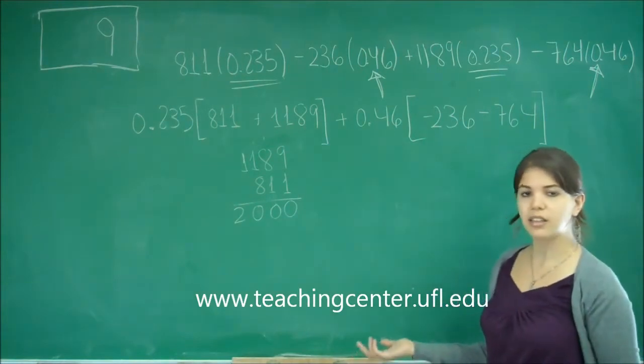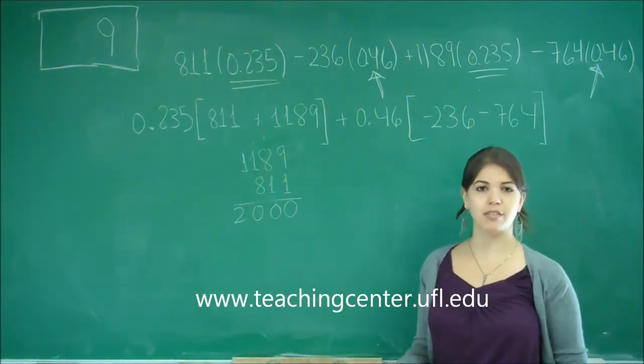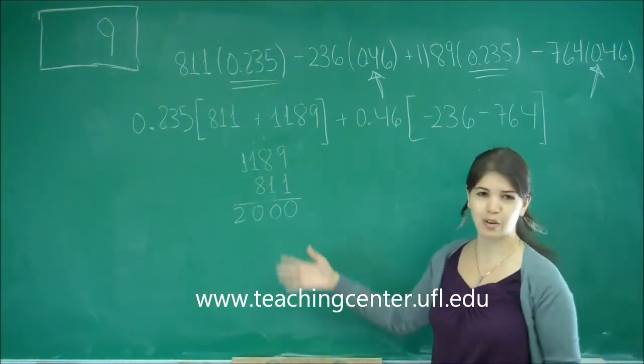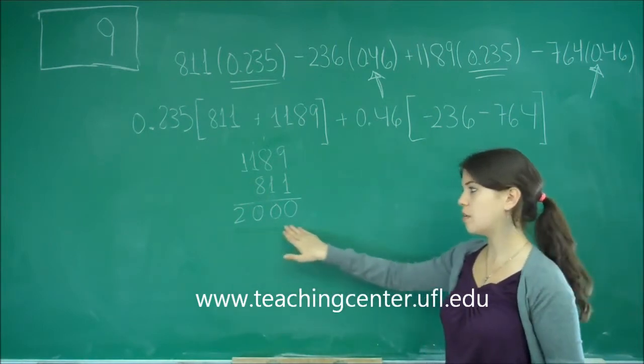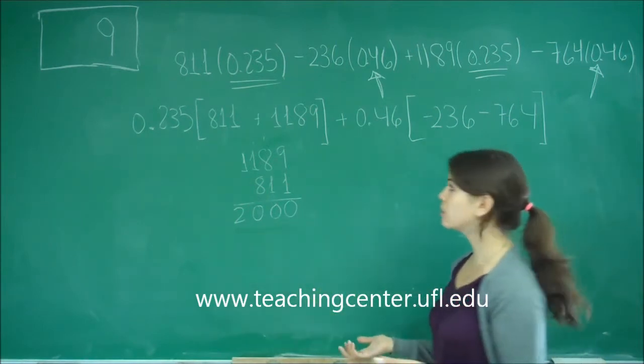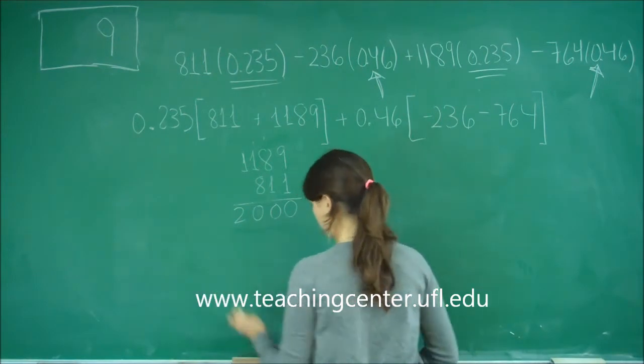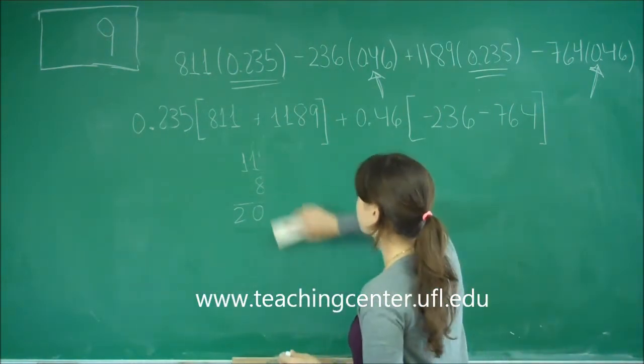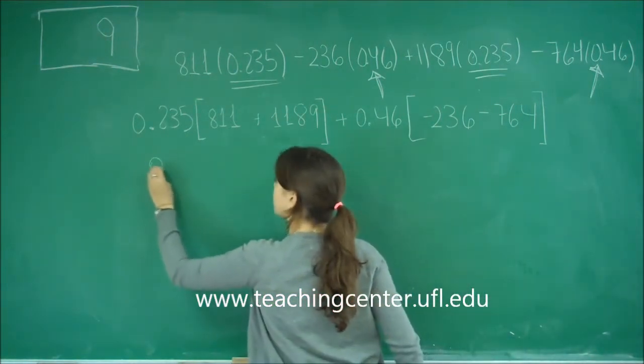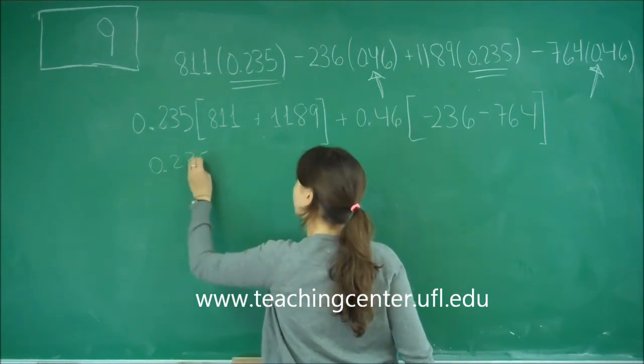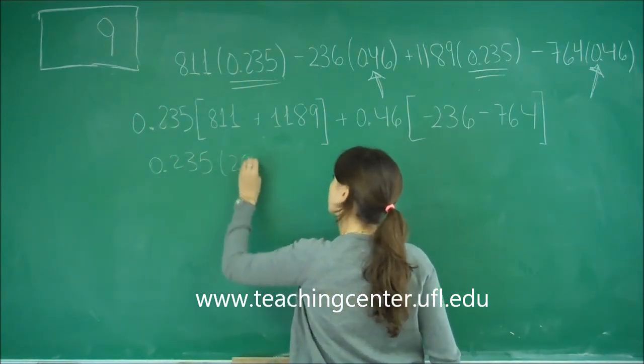So it seems like it's going to be a lot of working out numbers, but it turns out to come out to a very nicely looking number. So this is just 0.235 times 2000.